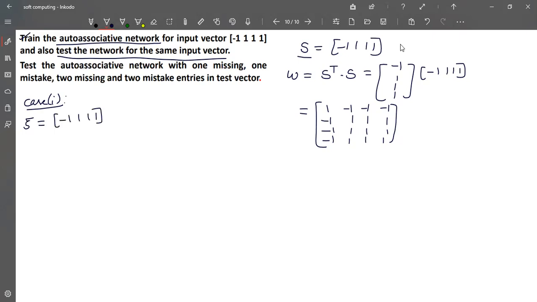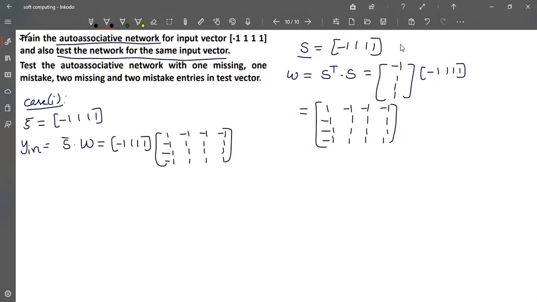Now, how we need to test is, we have to calculate the net input value. For that, we have to multiply our test vector with our obtained weight matrix, so that we will be getting 1 -1 -1 -1, -1 1 1 1, -1 1 1 1, -1 1 1 1.